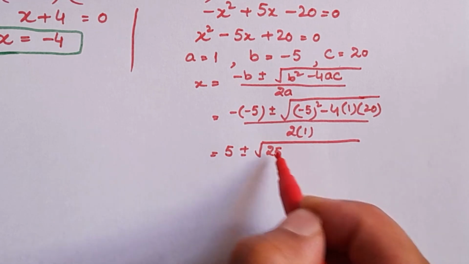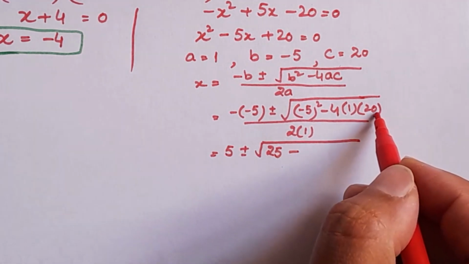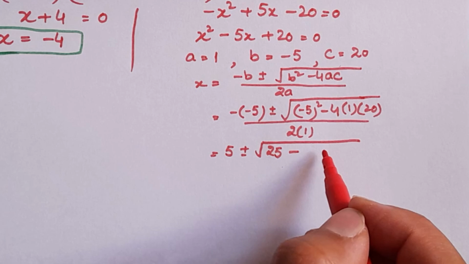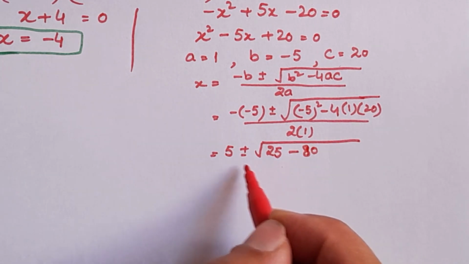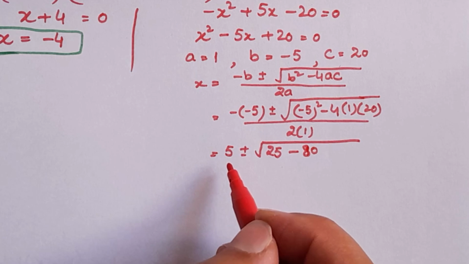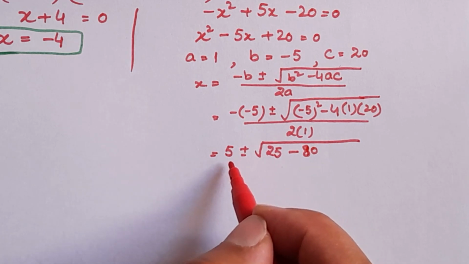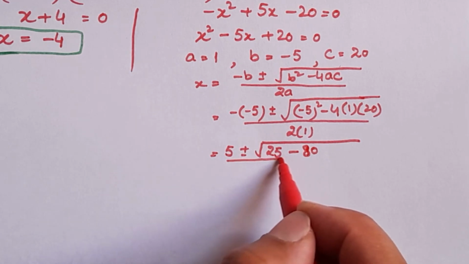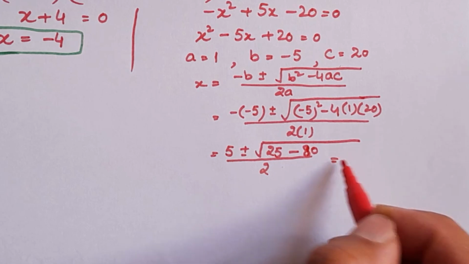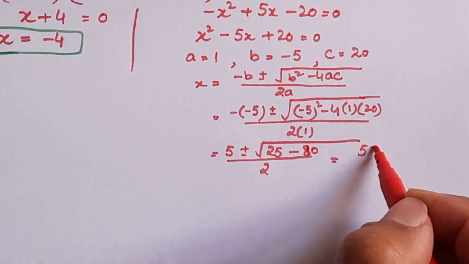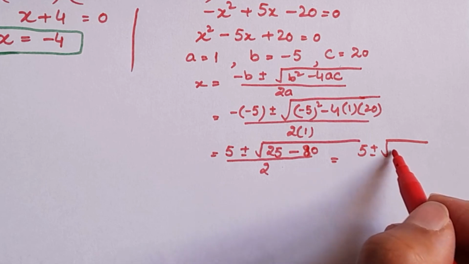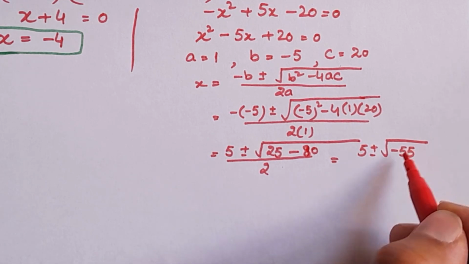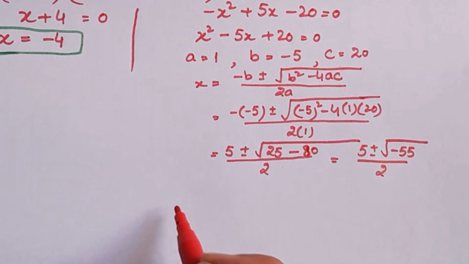Minus minus will become positive. Minus 20 times 4 is 80. Divided by 2 times 1 is 2. This is equal to 5 plus minus root of, after subtracting, we get minus 55, divided by 2.